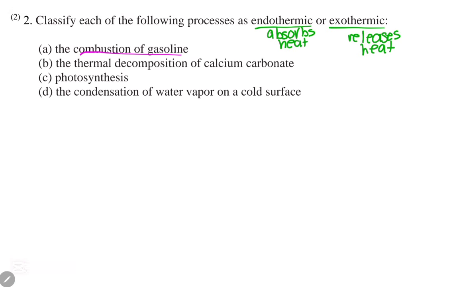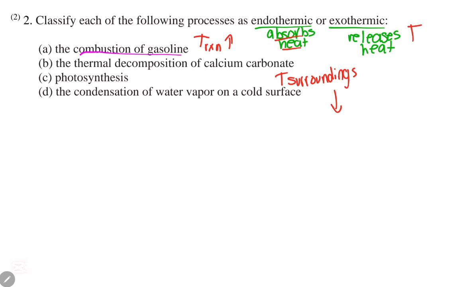Okay, let me explain something before we continue. When I say absorbs heat, the temperature of the reaction itself increases, but the temperature of the surroundings, what happens? It decreases because you're taking heat away from the surroundings. And the same applies to exothermic.